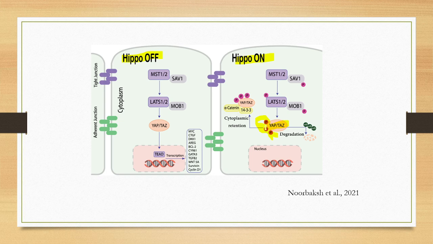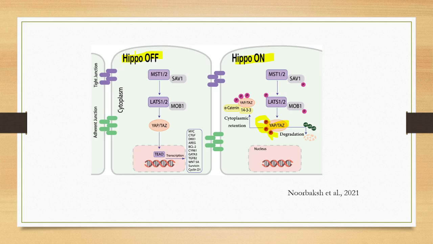Because of this phosphorylation, YAP and TAZ cannot go inside the nucleus and therefore transcription doesn't take place. Generally, when the signaling is on, transcription takes place. But in this case, it is opposite. When the signaling is off, transcription is taking place, and transcription is not happening when the signaling is on. So this becomes a little unique to study.